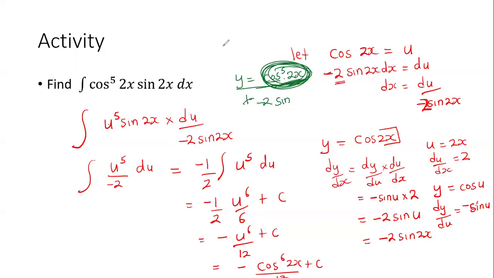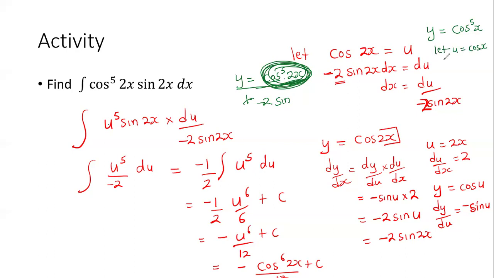In fact, here you may even find yourself applying about 2 rules. The first rule you need to remember is that when I have, let me say, y is equal to cos to the power 5 of x, and I'd like to differentiate this, I can first say let u equal cos of x.